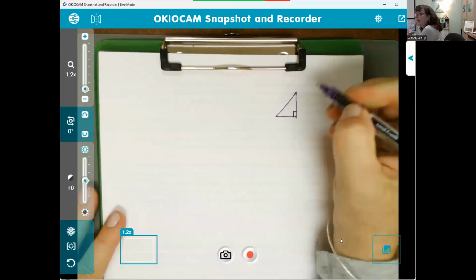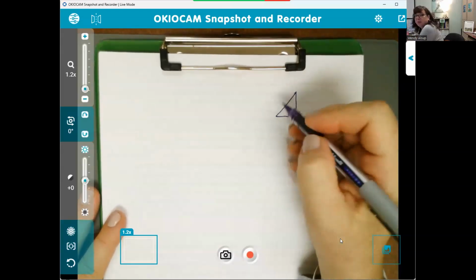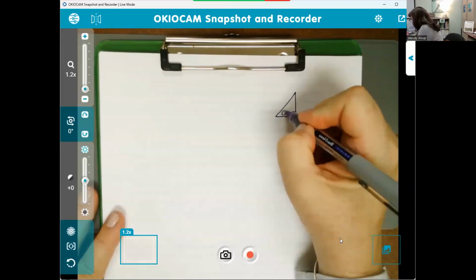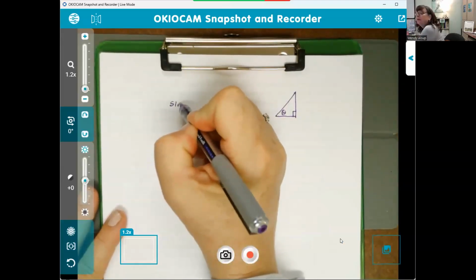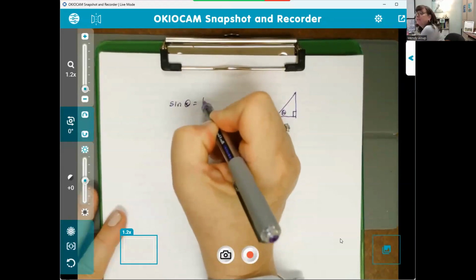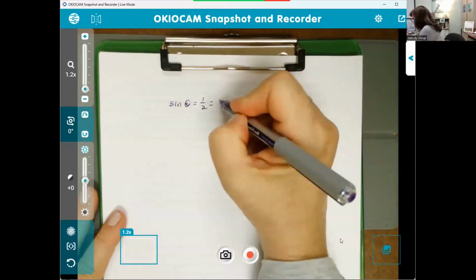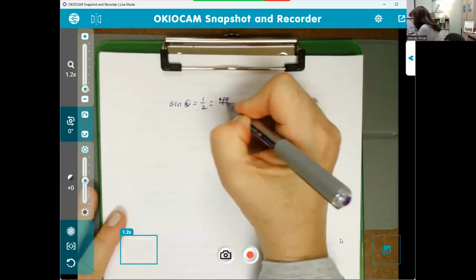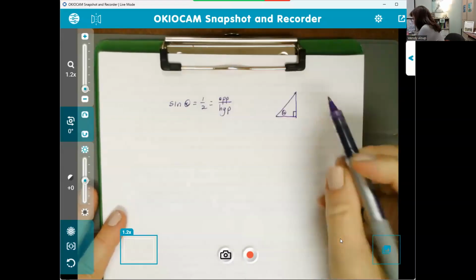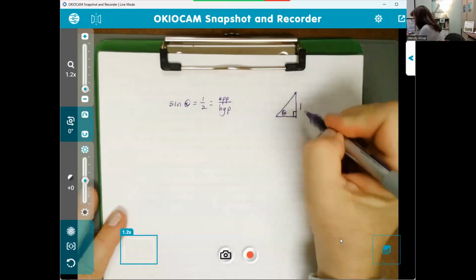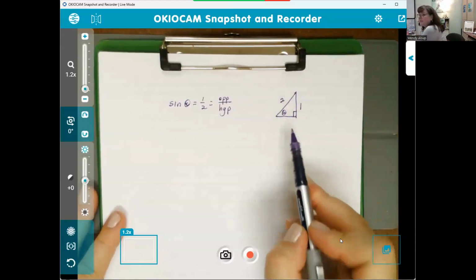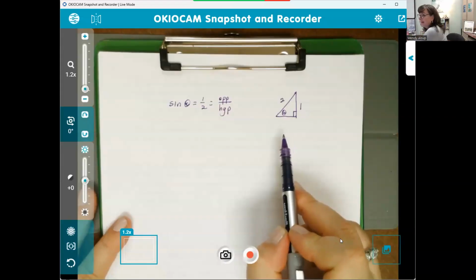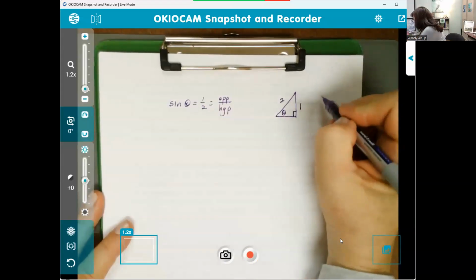So we got the right triangle, and we know that the sine of theta is 1/2. Remember that sine is the opposite over the hypotenuse. So opposite is 1 over the hypotenuse is 2. So I know the opposite and the hypotenuse. I just don't know that third side. However, I know the Pythagorean theorem.